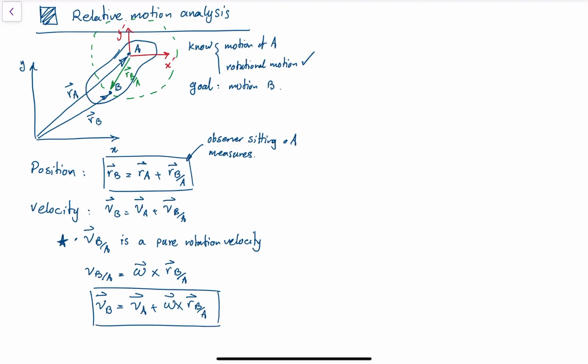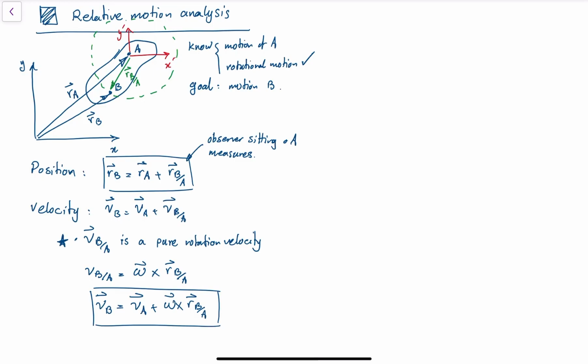Let me think. Was there anything else I want to say about velocity before moving to acceleration? Oh yeah, one thing. So this is the vector notation. This vector notation is what I recommend. It is foolproof. It is possibly a little longer to calculate, but it doesn't fail you ever.